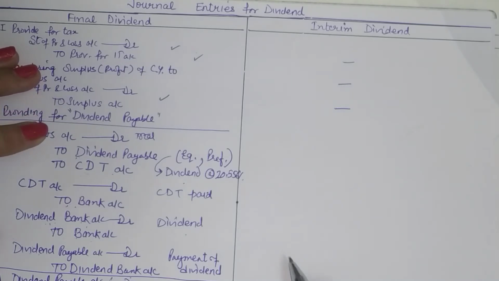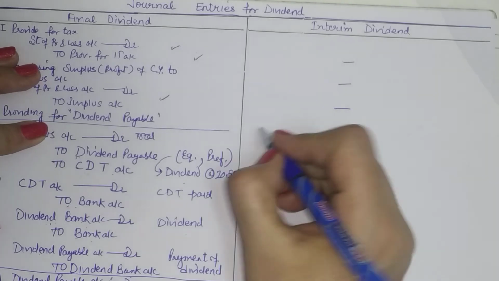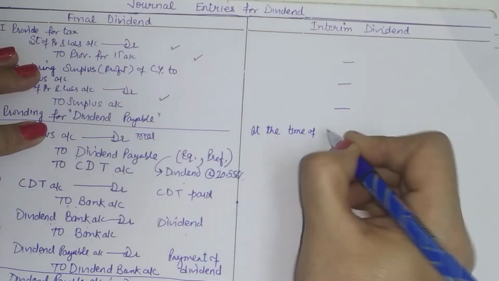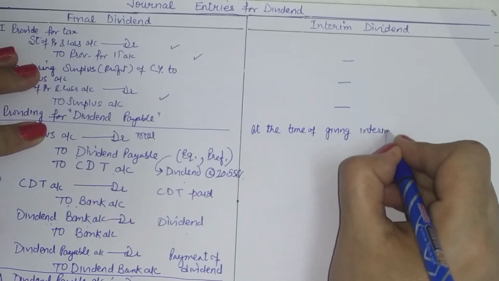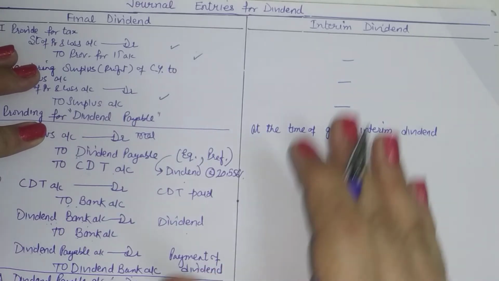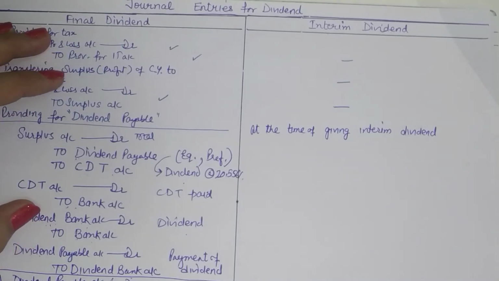So now what will happen, since the adjustment in the surplus is done at the end of the year, so at the time of giving interim dividend, if you decide to give dividend on 1st October, these entries will be done on 1st October. So at that time interim dividend becomes payable. Company pays interim dividend as well as corporate dividend tax out of its available surplus.